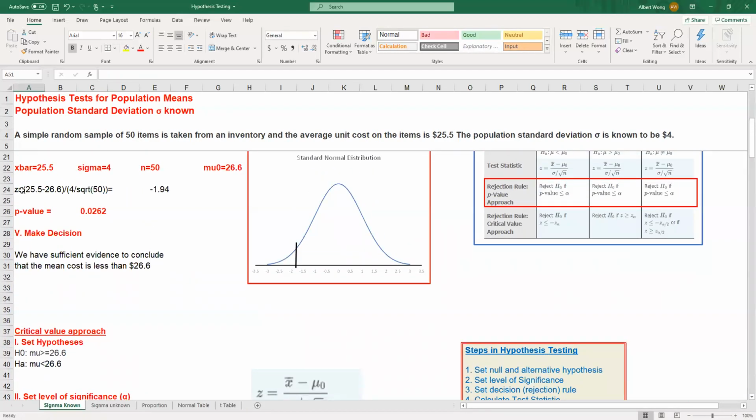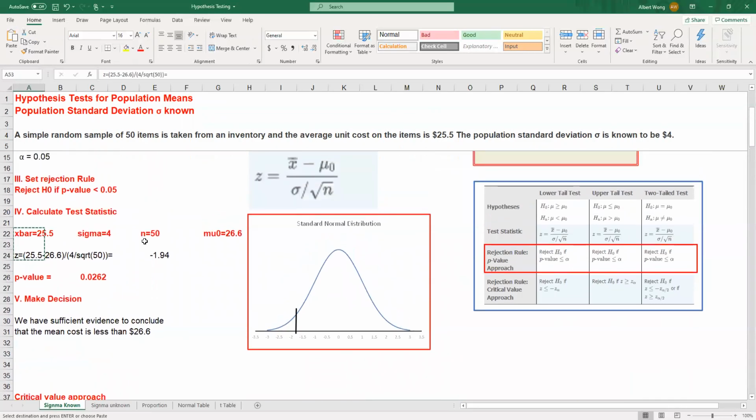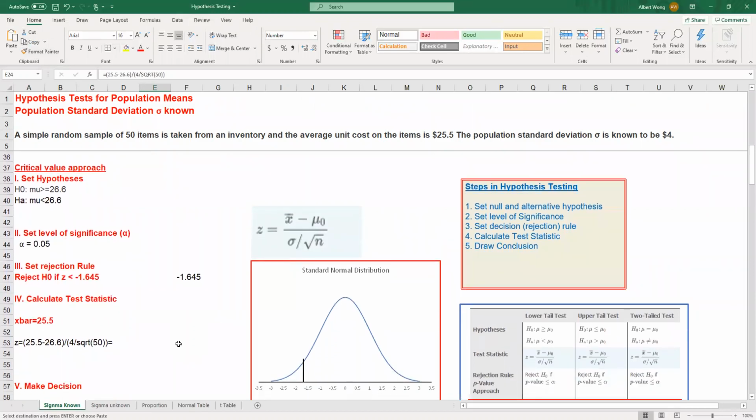When you calculate the test statistic, you go through the same step, and you list out what you know, and then you calculate the test statistic using the same formula as we have done. The calculation would give you negative 1.94, right? So where's negative 1.94?